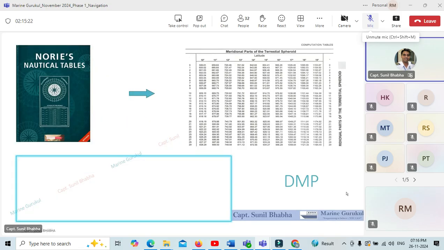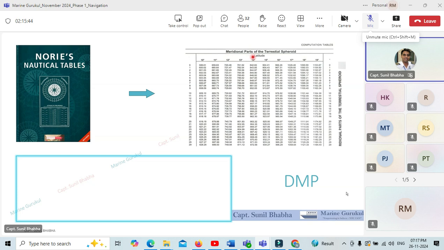Let us now see how we obtain the DMP, difference of meridional parts between any two latitudes. For this we use the Norie's nautical tables. Inside the tables, you have a table for meridional parts of the terrestrial sphere.